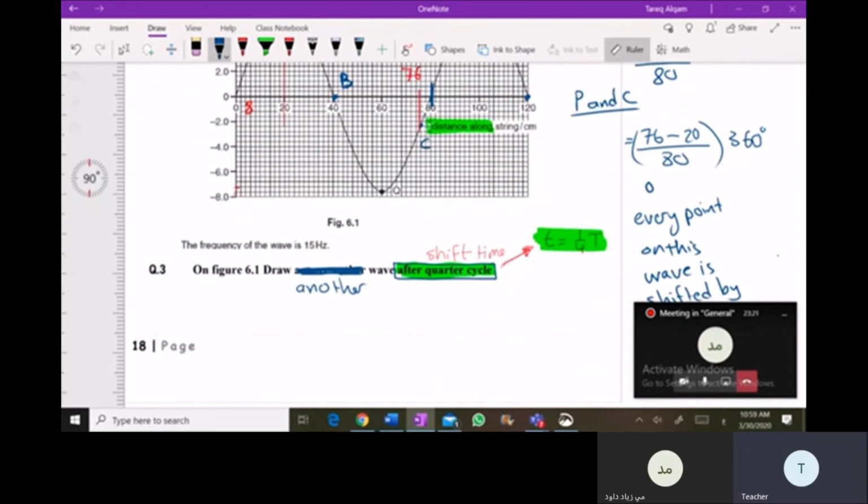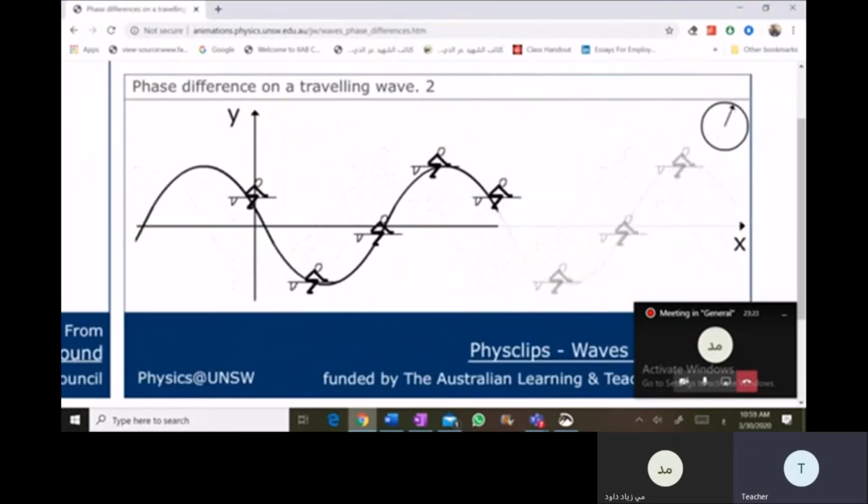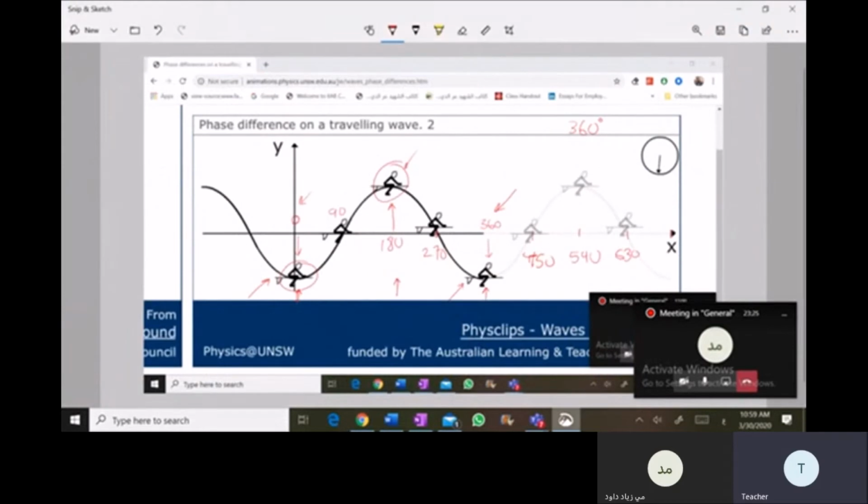What does this mean? Now I look at the snapshot that I took here. This is the time, see the time? Supposedly this is the time. After a quarter cycle I have to take another snapshot, but when? When this pointer is here, right? This is the quarter cycle. Is that clear? Okay. No. Okay.